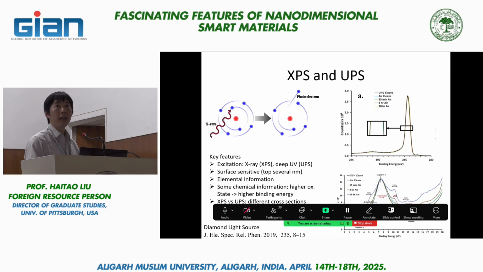So what I show here are graphite samples exposed to air for different amounts of time. Now you see in this graphite sample, which is different from graphene and copper again, okay?